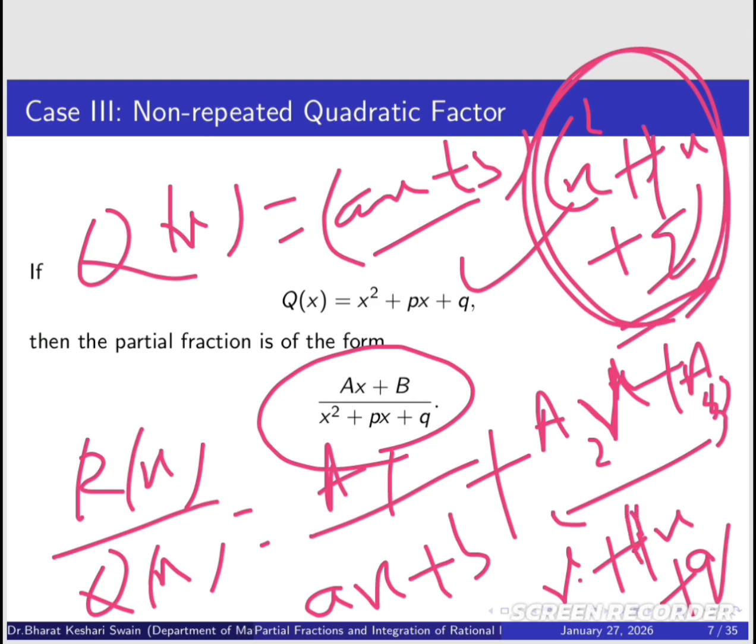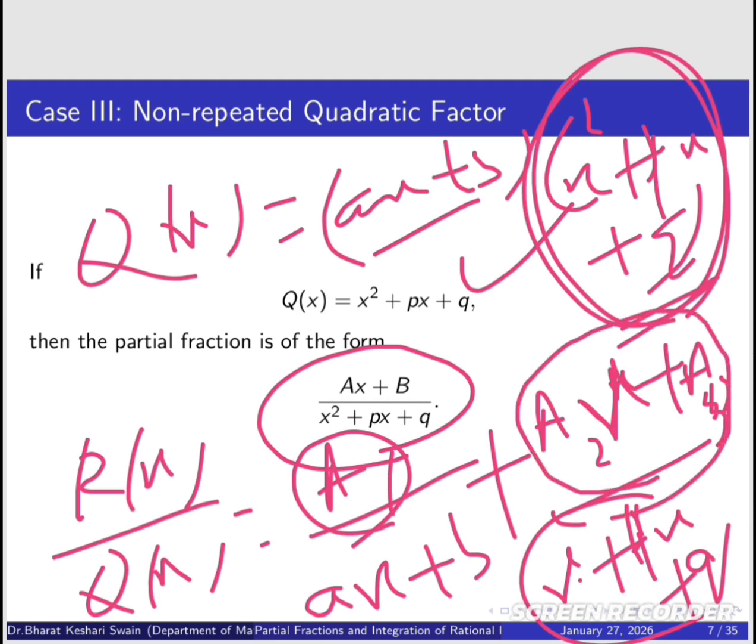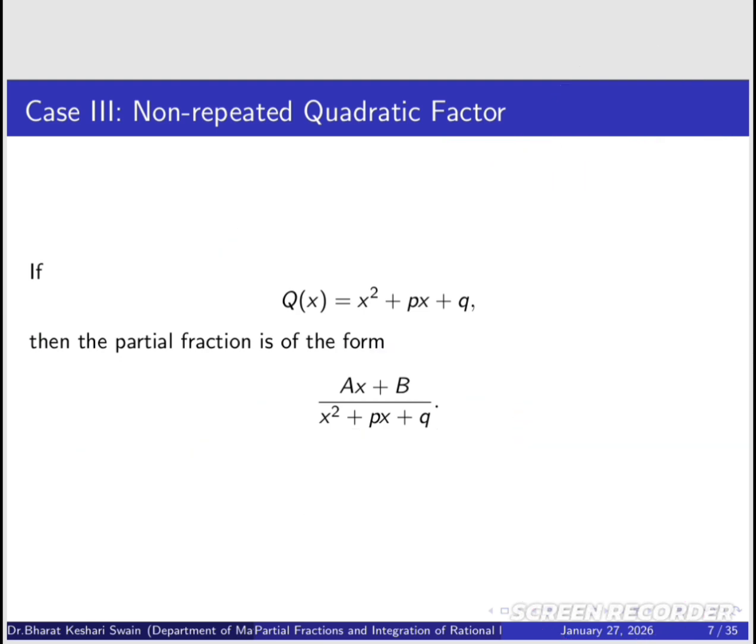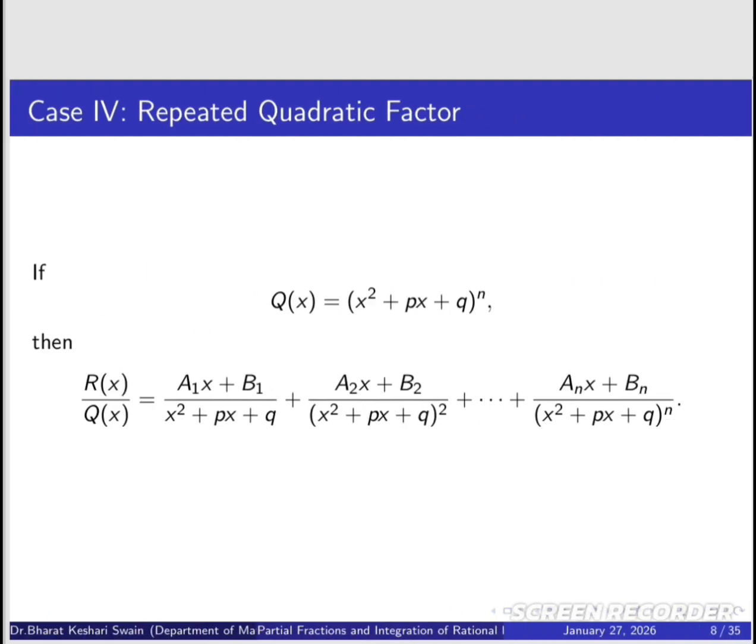Clear? So for a linear factor only a constant will be there, and for a quadratic factor we have to write like this, a2x plus a3. So in place of a, b, we can write a2, a3, any constants. Come to next page.